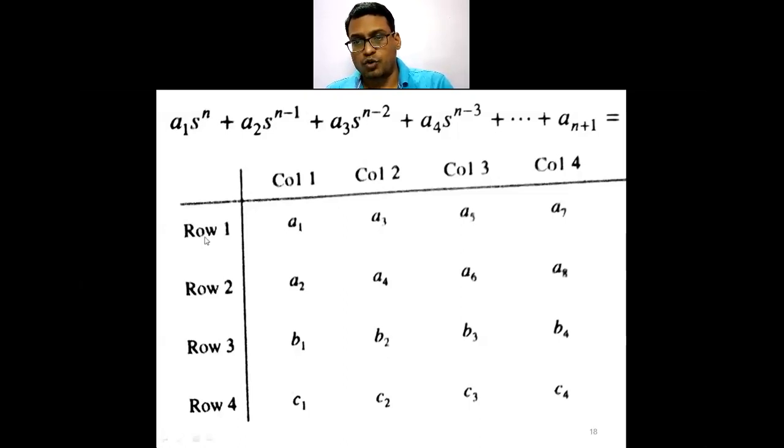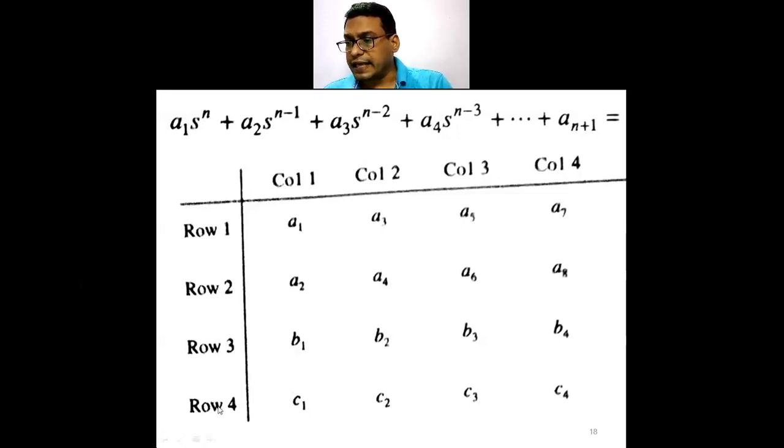You have to calculate up to the n plus 1th row. If n is 3, you calculate 4 rows. If it is 5, you calculate up to 6 rows. Say in this case n is 4.